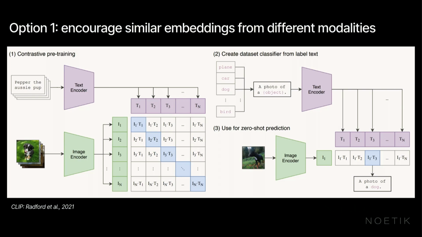And this is kind of explicitly trying to learn a single joint representation space, where if you pick a point in that space, there should be kind of an image that corresponds to that point, and also a text sample that also corresponds to that point. And that way you can kind of translate between the text modality and the image modality. You can see this explicitly in the paper.